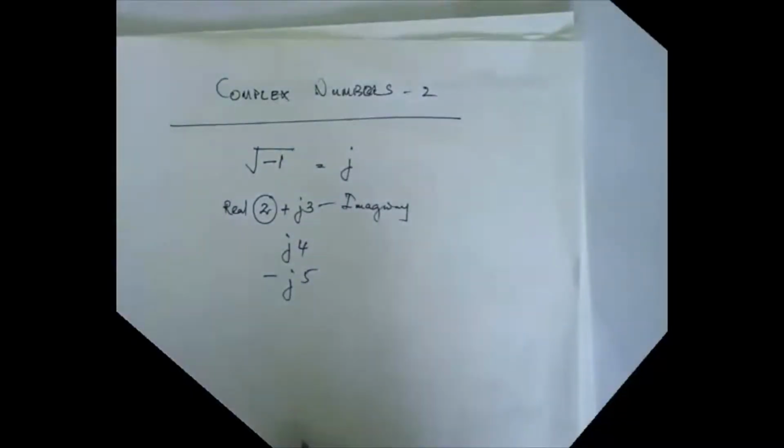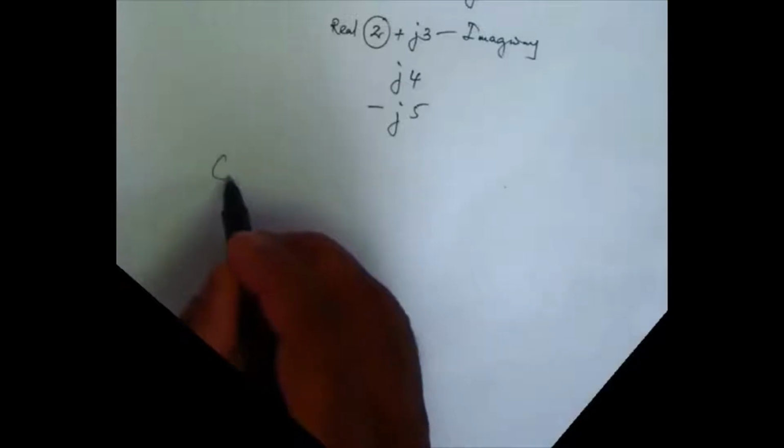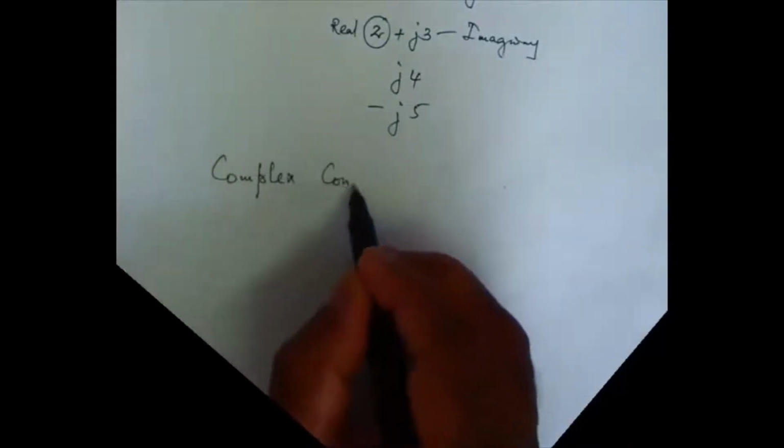Another very important thing we should know about complex numbers is what we call a complex conjugate.